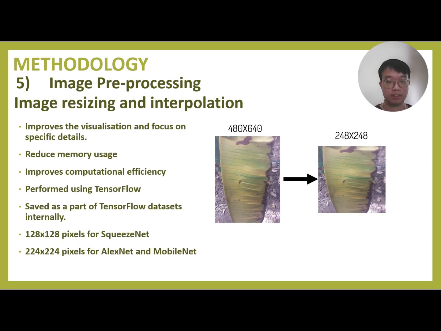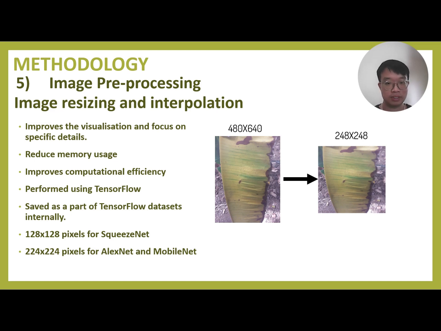The first step of training the model is image preprocessing. In this instance it is image resizing and interpolation. The images will be resized from 480 times 640 to 248 times 248. This will improve the visualization and focus on specific details, reduce memory usage, and improve computational efficiency.